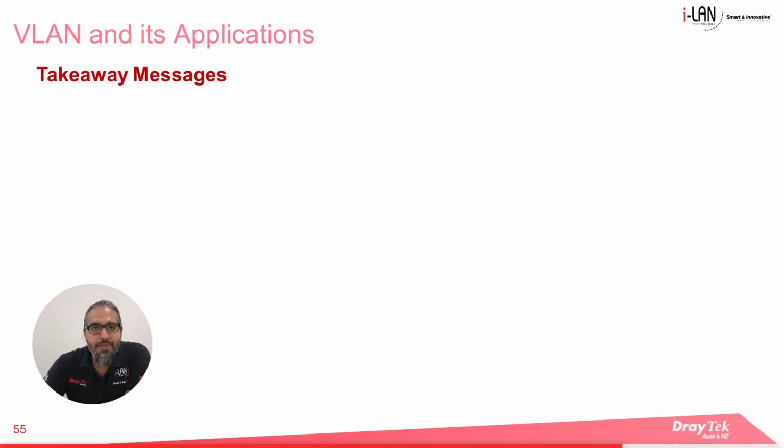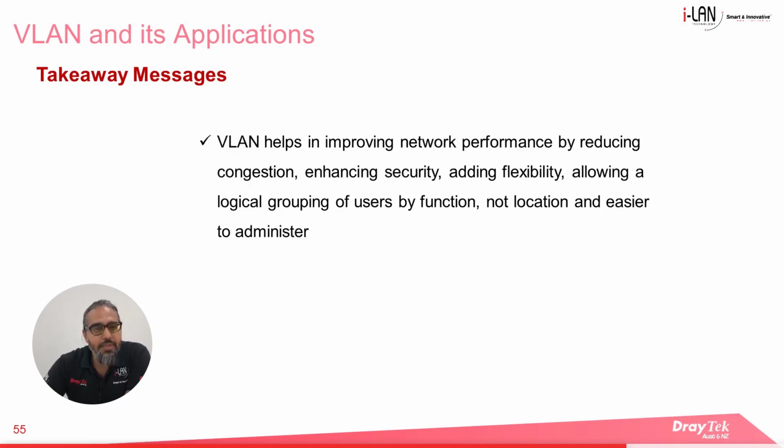All right, so that brings us to the conclusion of today's session. Let's summarize the key takeaway messages, which are VLANs help in improving network performance by reducing the congestion, enhancing the security, adding flexibility, allowing a logical grouping of users by function, not location, and they make it easier to administer networks.